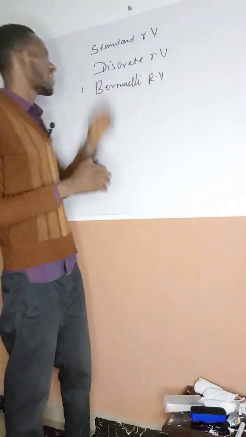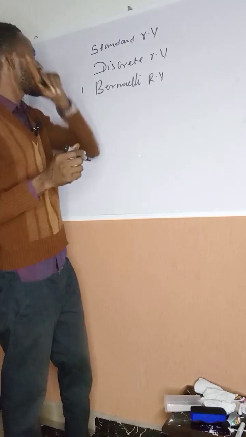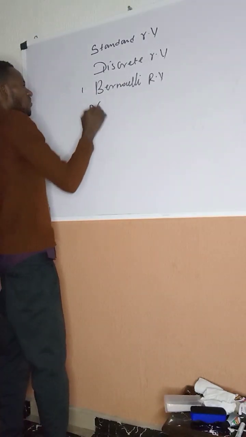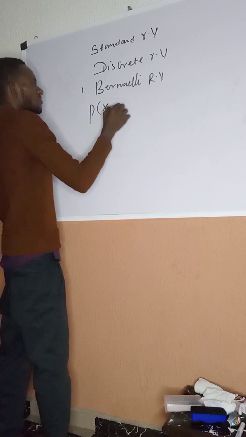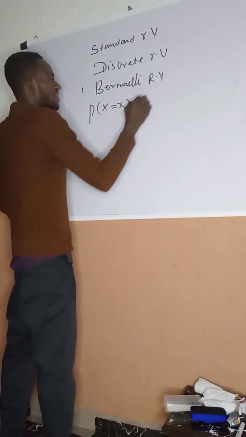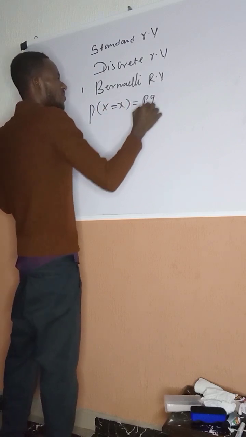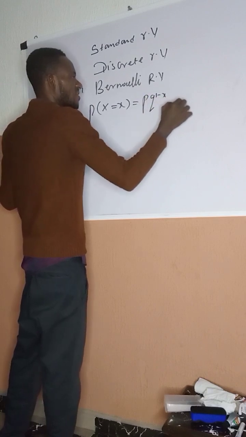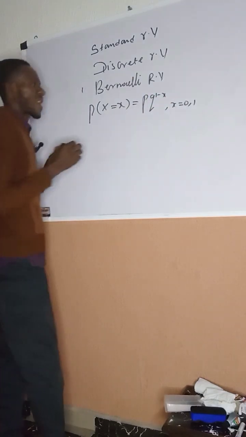And that PMF of a Bernoulli distribution is given as P of X equals x is given as p^x q^(1-x) when x equals 0, 1.